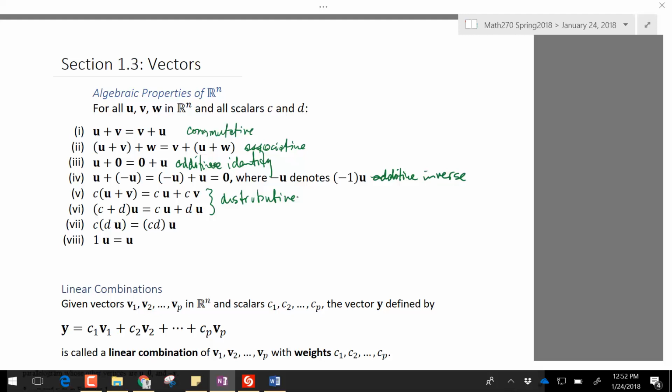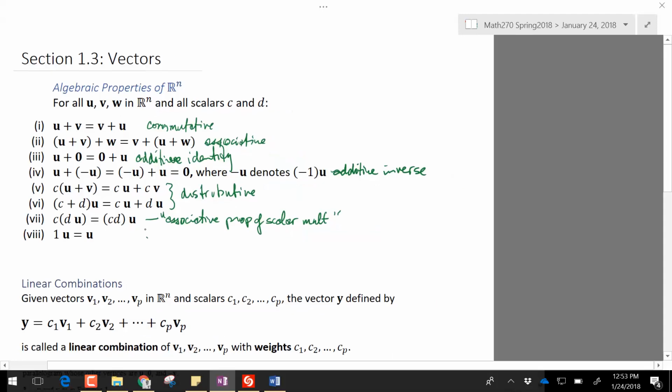All right, the next one is kind of an associative property also, but an associative property that combines scalar multiplication. So I'll put associative property here in quotes. And then usually the multiplicative identity is with the regular multiplication, but in this case it's a scalar multiplication, so I'll also put that in quotes.